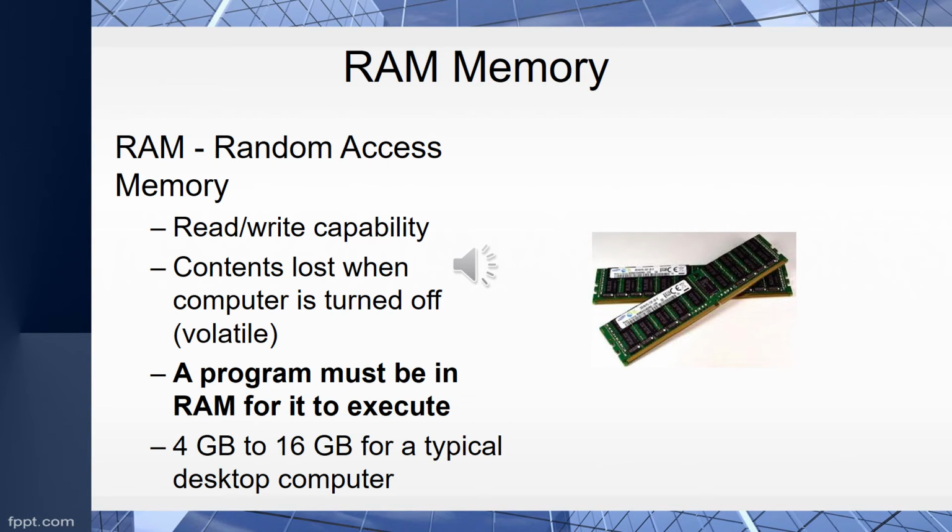Random access memory, or RAM, is also known as main memory, primary memory, or internal memory. RAM stores both the computer program and data that are in use. RAM is the memory that the user has access to. RAM is used to hold the operating system, application program, and data while the computer is running.